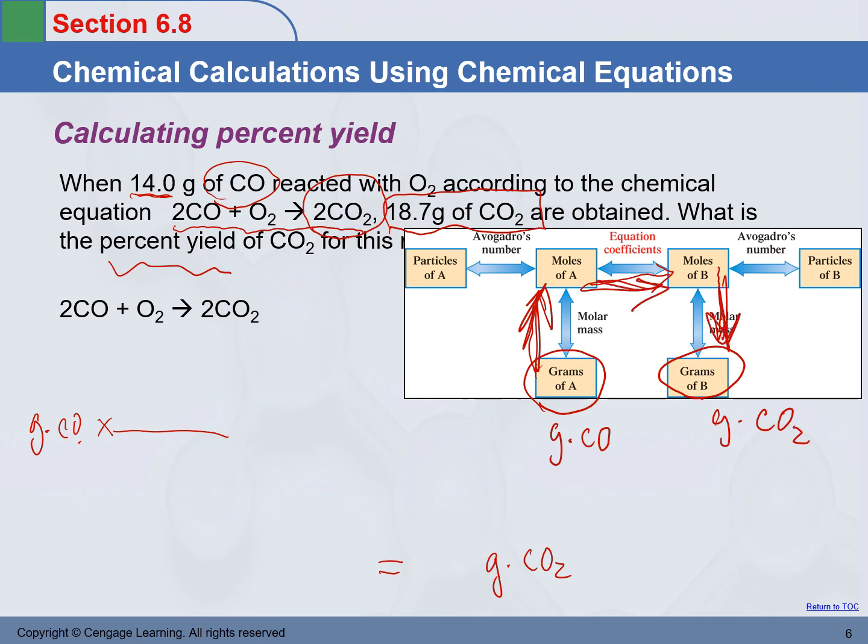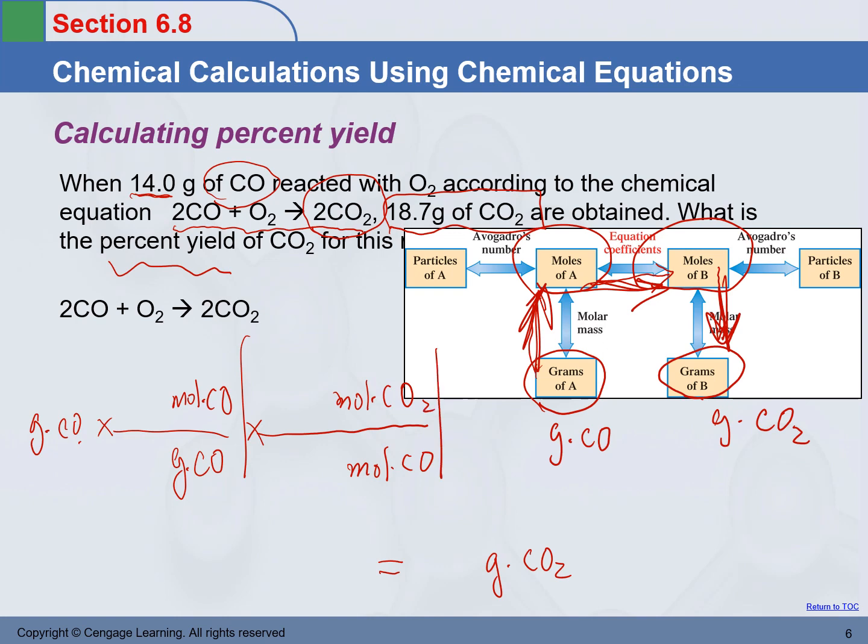The first one goes from grams of carbon monoxide at the bottom, to moles of carbon monoxide on the top. By the end of here, we're here. Next, from moles of carbon monoxide at the bottom, to moles of carbon dioxide on the top.